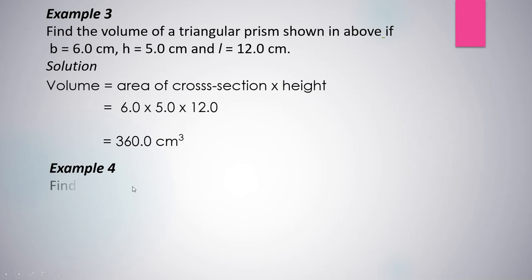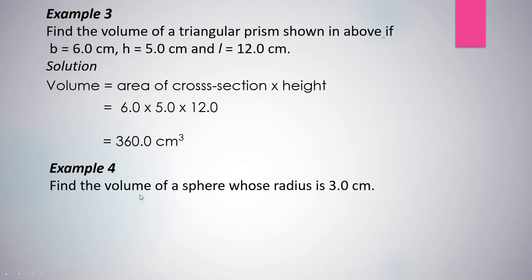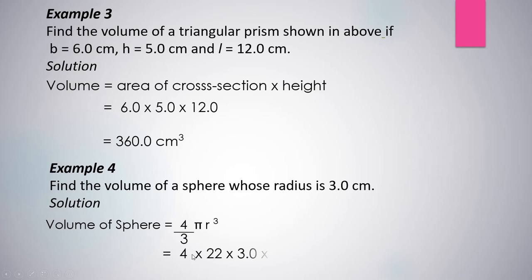And lastly, let's look at the fourth example here, also about the sphere. Find the volume of a sphere whose radius is 3 centimeters. Of course, remember, the formula is 4/3 pi r cubed. Just substitute: 4/3 pi r cubed.